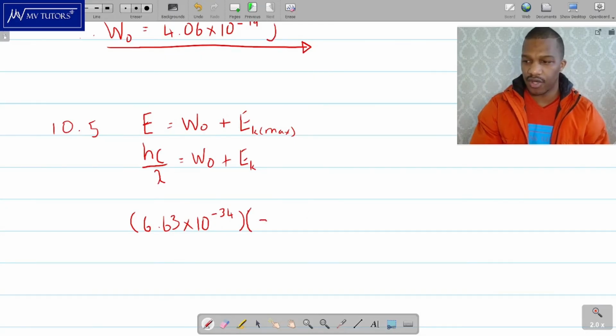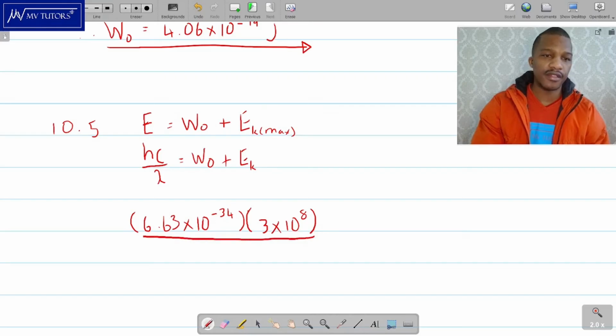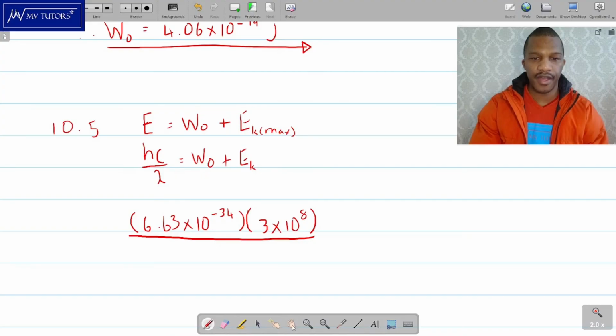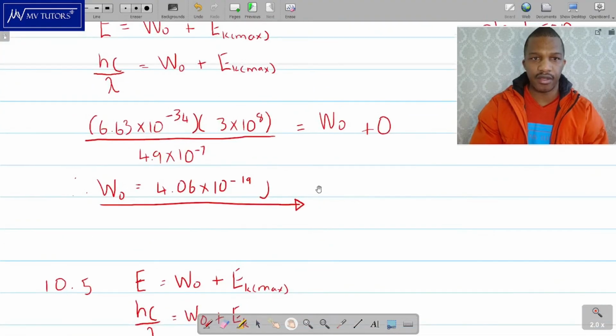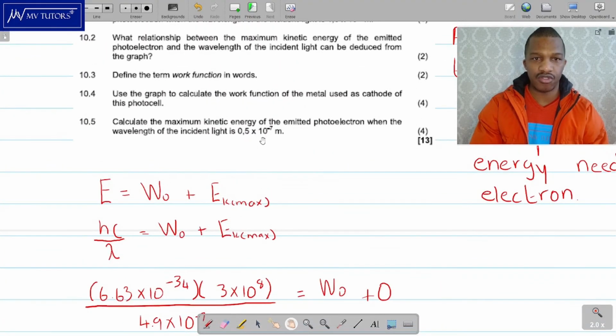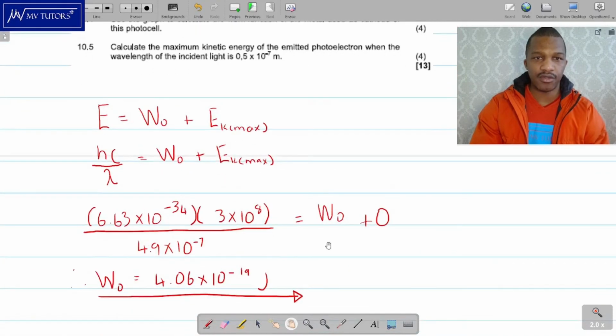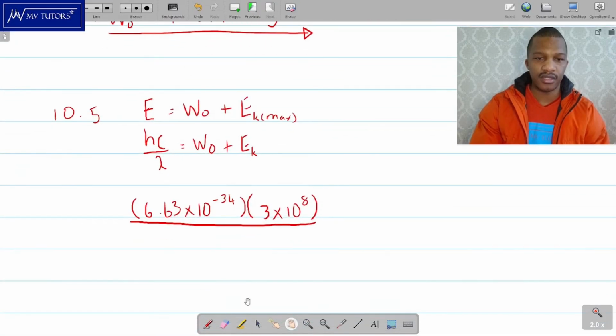C is also a constant, it's 3 times 10 to the power 8, divided by lambda, which is the wavelength. The wavelength is the one that we are given, it's 0.5 times 10 to the power negative 7.